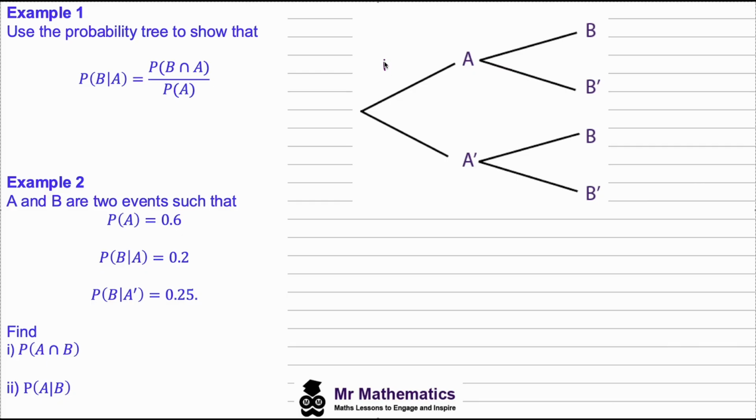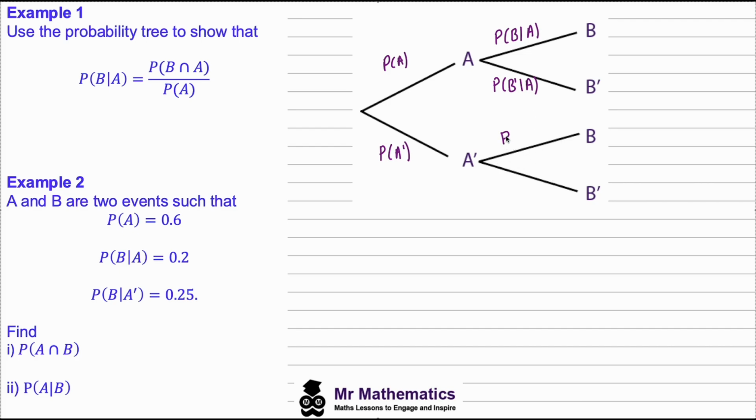We get the probability of A here, which means this branch will be the probability of not A. And then if we go through A and we get to B, well then this will be the probability of B given that we went through A. And this branch will be the probability of not B given we went through A. What do you think these two branches would be?